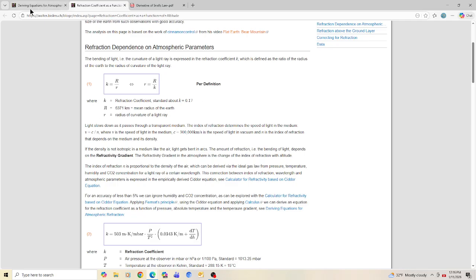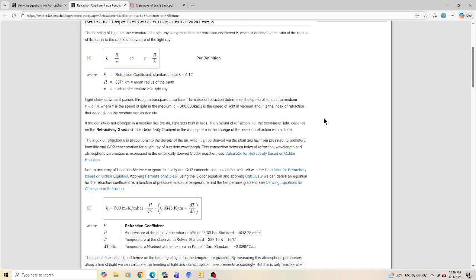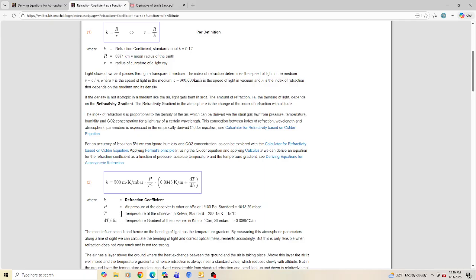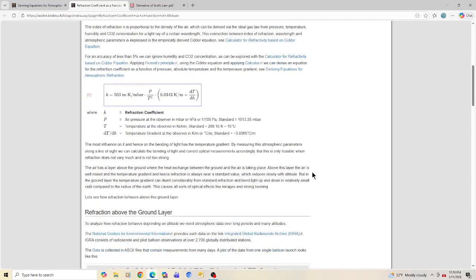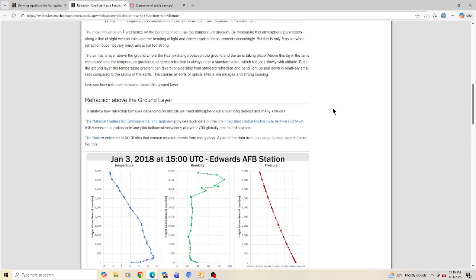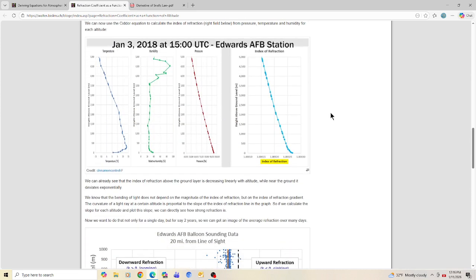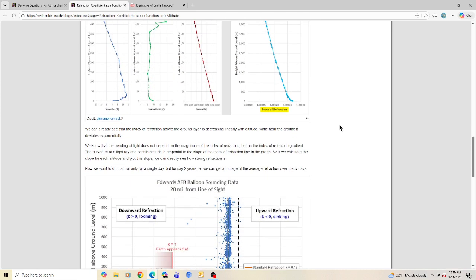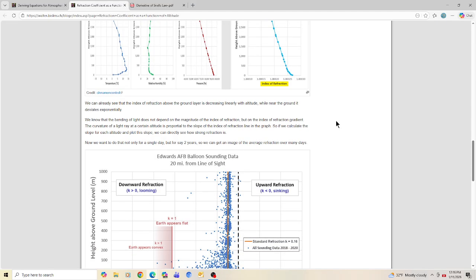So this individual is really fixed on selling the refractive coefficient K, because they're trying to sell the concept of the curved path of light.